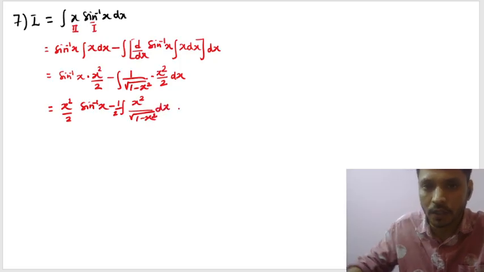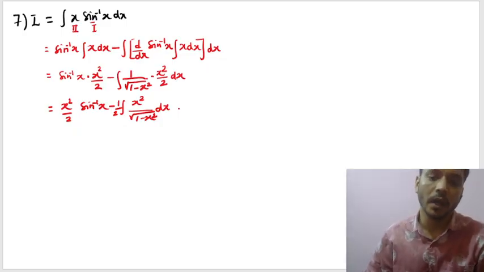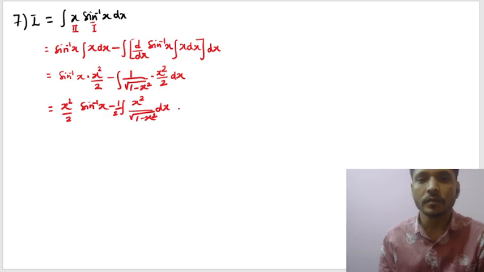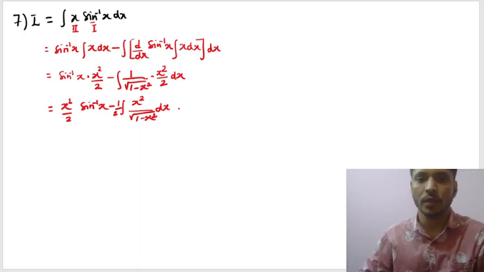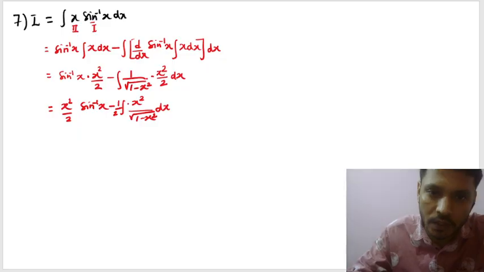Now we have to integrate this part. How we can integrate this x square by under root of 1 minus x square? So we need to think of this part. We have been given x square, and we want to apply the rationalization method here. Means we can take this minus x square here and then we will add it.